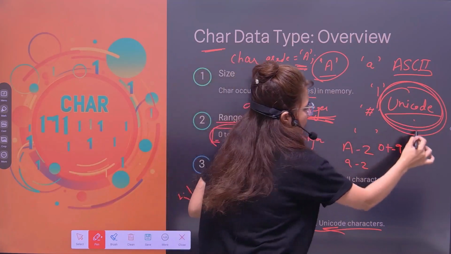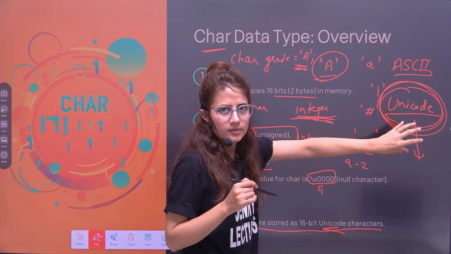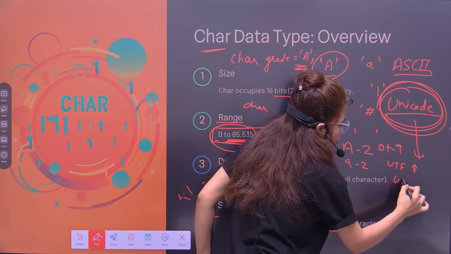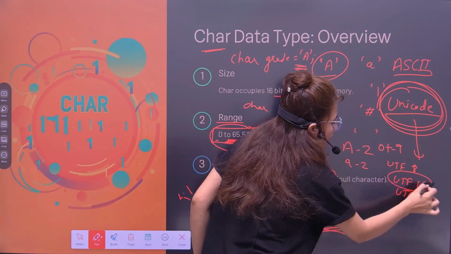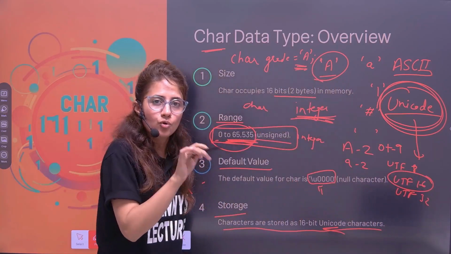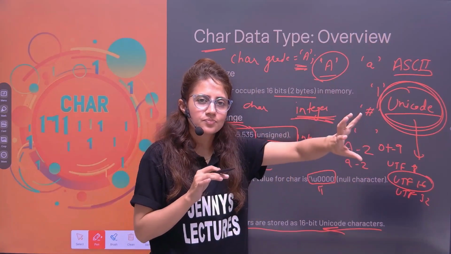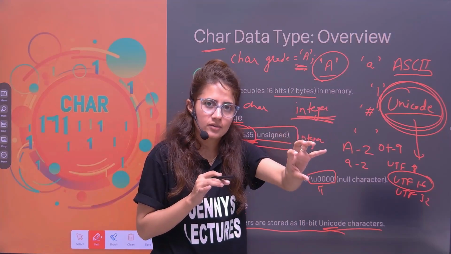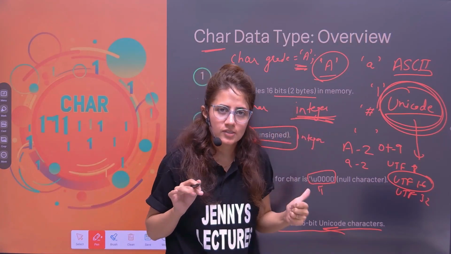Now there are different implementations of the Unicode character set. You heard about UTF-8, UTF-16, UTF-32. Java uses the UTF-16 encoding scheme to convert a character into that particular Unicode character, just to represent that in computer or digital devices.